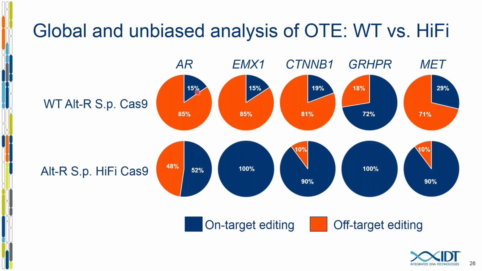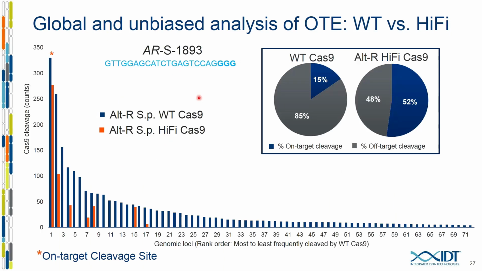So let's look a little more closely at this androgen receptor guide. This is the same sort of plot I showed you before, where we've put the total cell-free editing sites as a function of rank order. I'm showing you data from the wild-type protein in blue and our high-fidelity Cas9 in orange. Just to point out again, I don't think there's anything in this particular target site sequence that screams that this should be a bad guide.